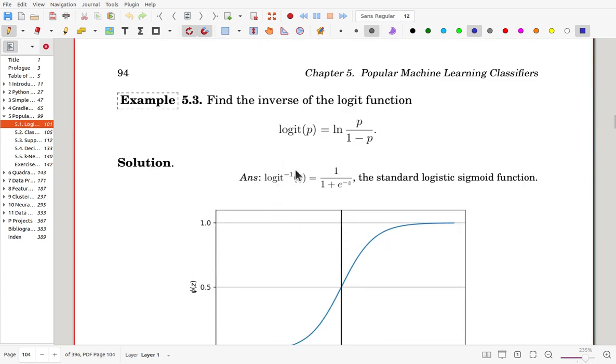Now here, change this portion to be z and solve for p, then you can get this term. So that is the standard logistic sigmoid function.